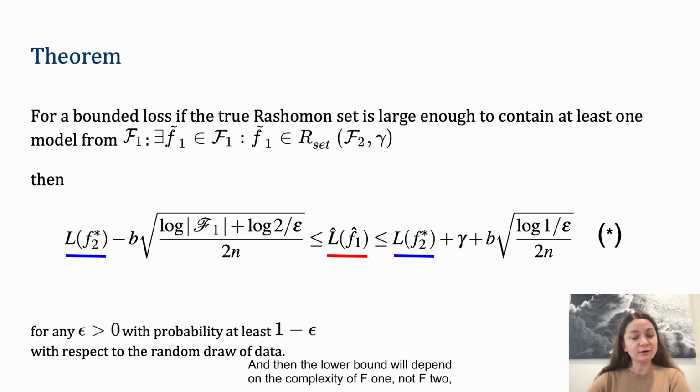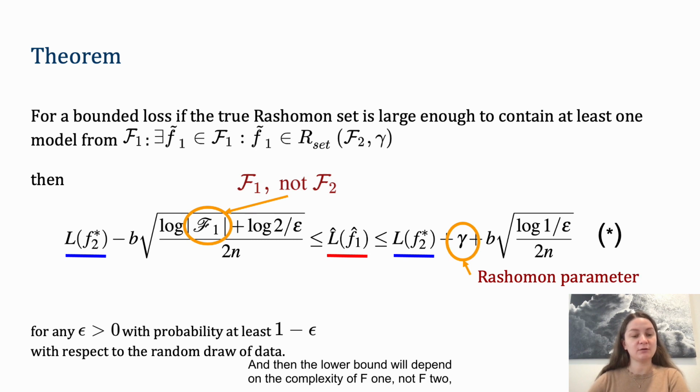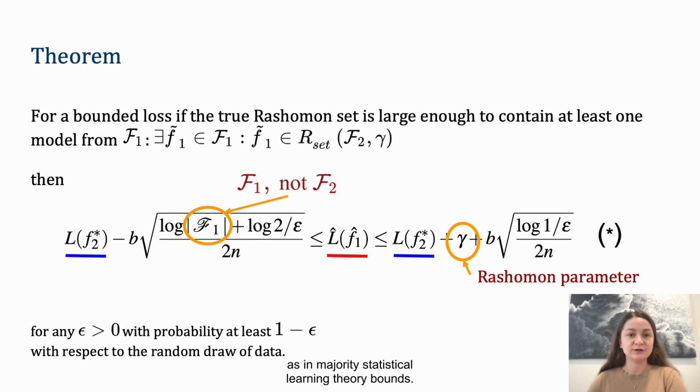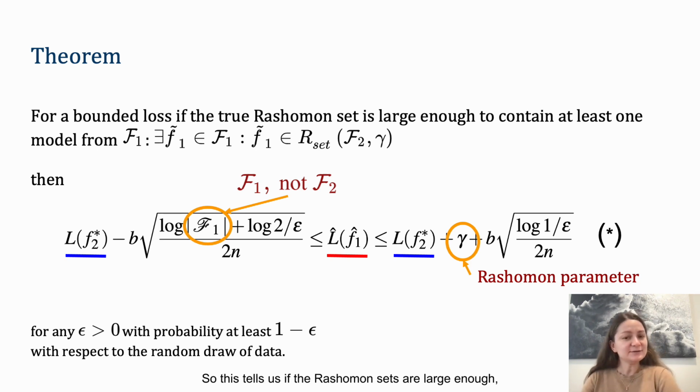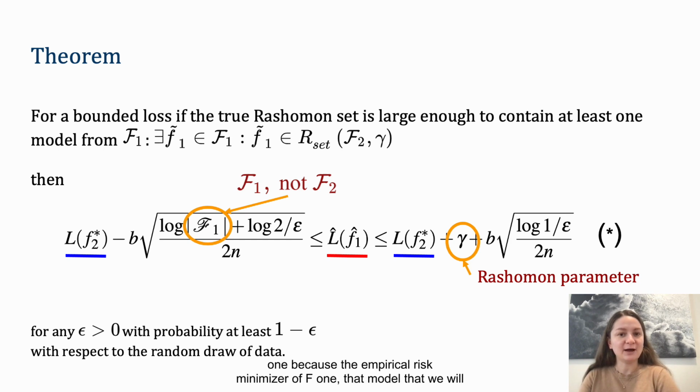The lower bound will depend on the complexity of F1, not F2 as in the majority of statistical learning theory bounds, and the upper bound will actually depend on the Rashomon parameter. So this tells us that if the Rashomon set is large enough, we can go ahead and optimize F1, because the empirical risk minimizer of F1, the model that we will find, will have good generalization guarantees.